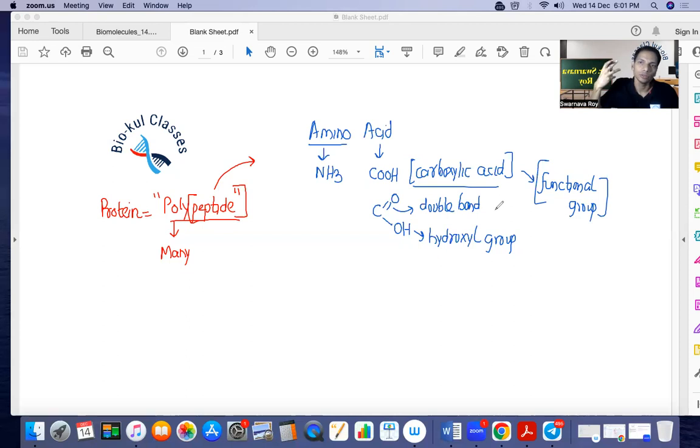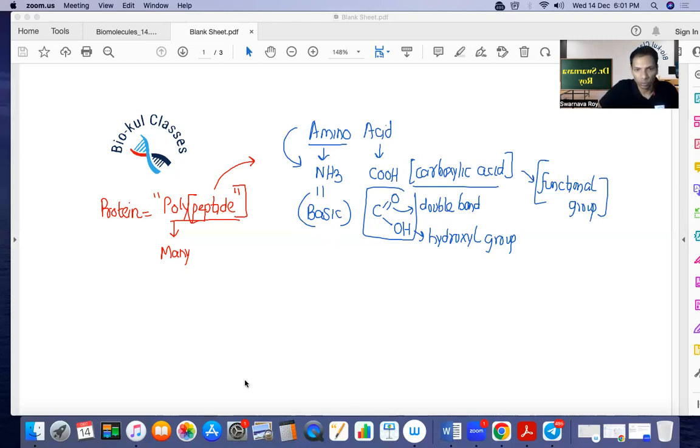For example, if a carboxylic group attaches to a compound, then that compound will have acidic property. Amino, NH2, basically makes something basic.